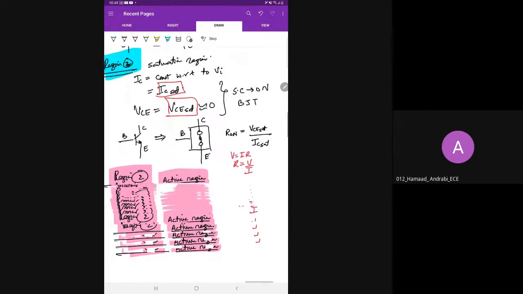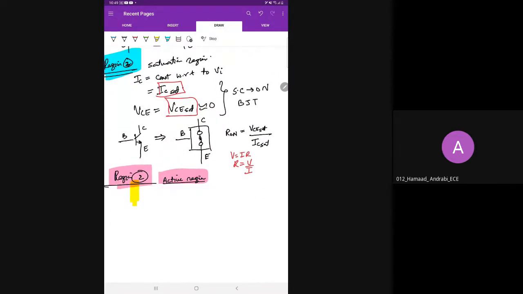Okay, so in this, if you observe that IC varies with V input. Here IC varies with V input. So here the BJT is said to be active.